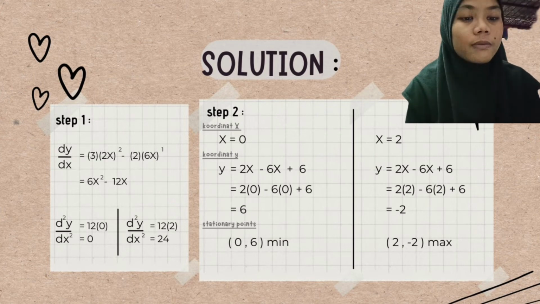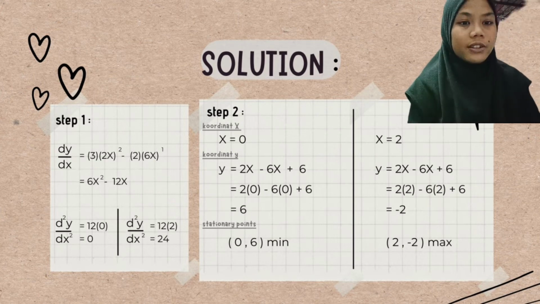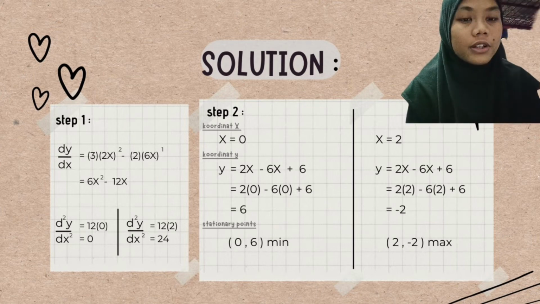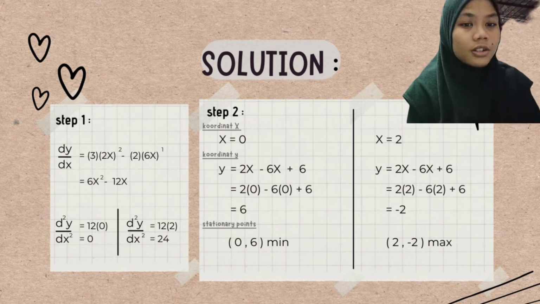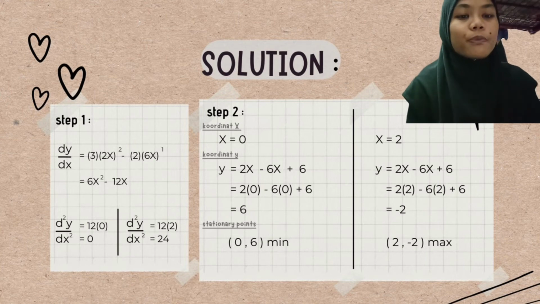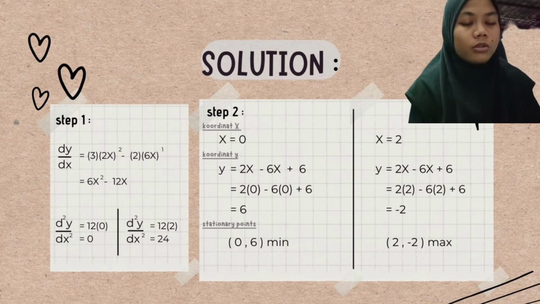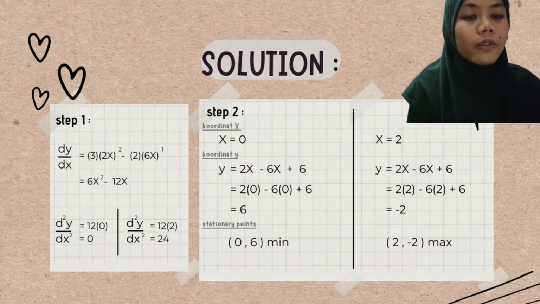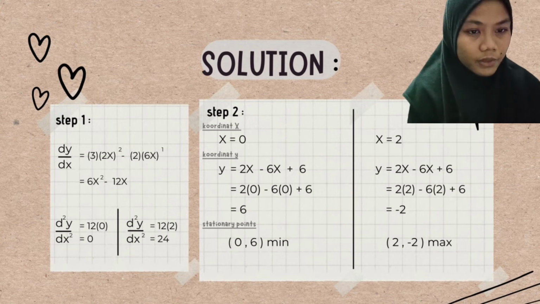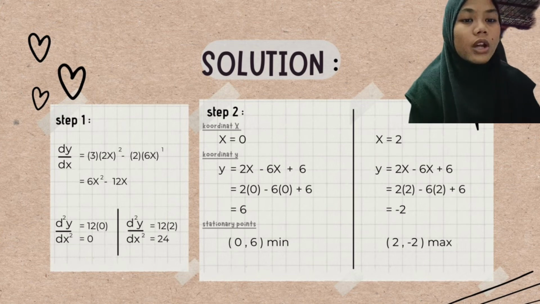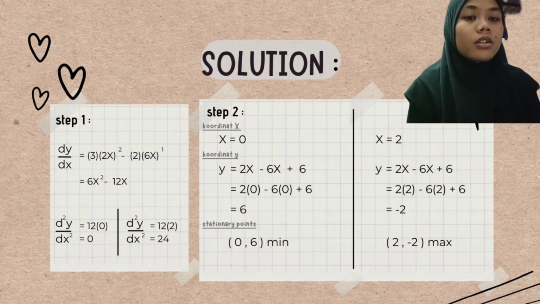Then we need the second order of differentiation, using the answers from the factorization. The first order is 6x power 2 minus 12x. For 6x power 2, we move the power of 2 in front of 6 and reduce the power by 1. For minus 12x, we bring the power 1 in front of 12, and x power 1 minus 1 gives a constant. So the second order is 12x minus 12.